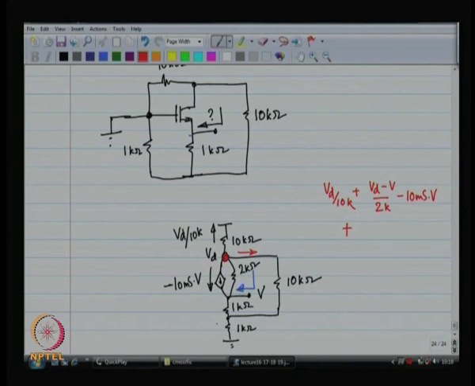Let us say this is Vx, (Vd minus Vx) by 10k is equal to 0. This is one of the equations that I have, and the second equation is at this particular node.